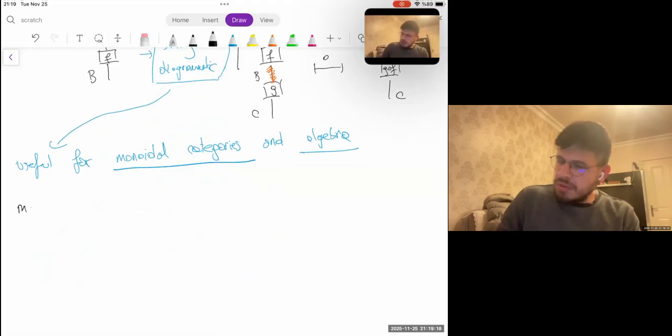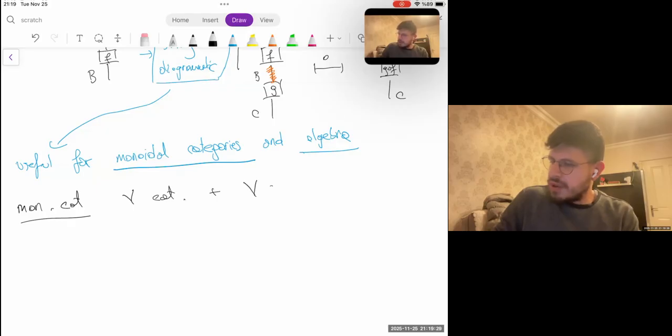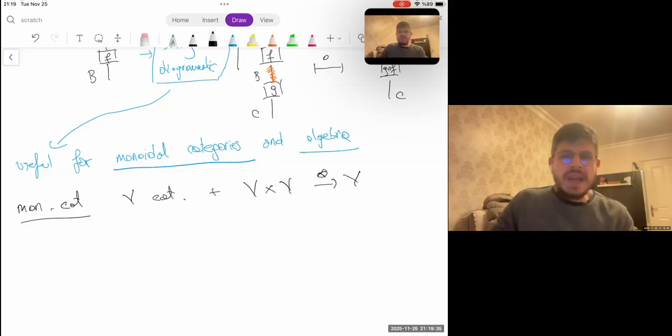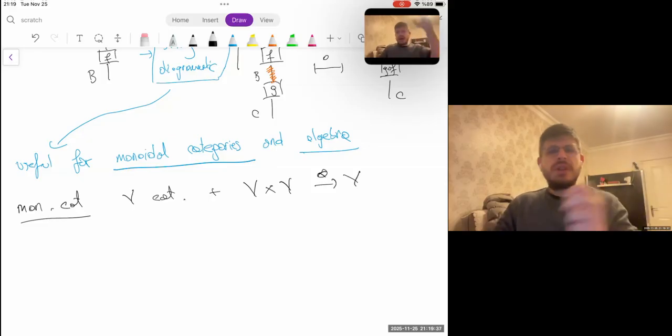A monoidal category is a category V plus a multiplication operation, V times V to V, unital, and so on, appropriately weakly.